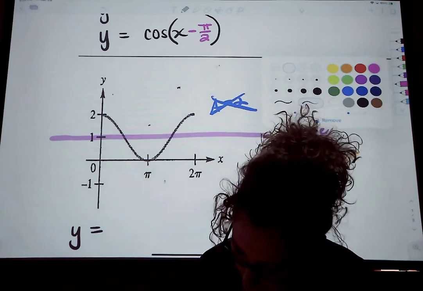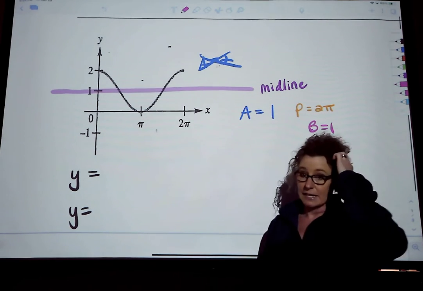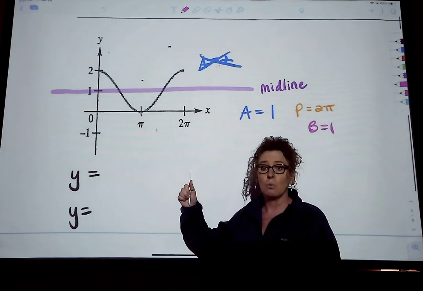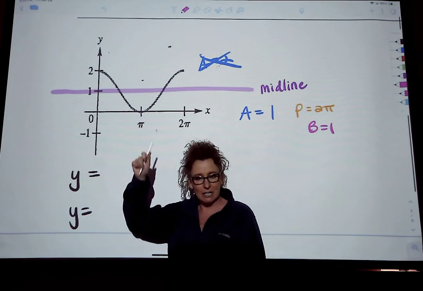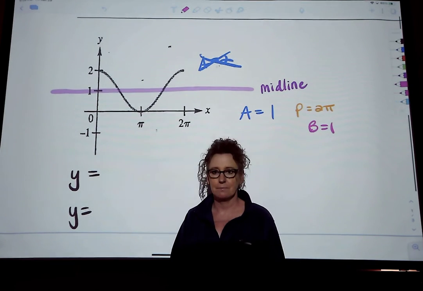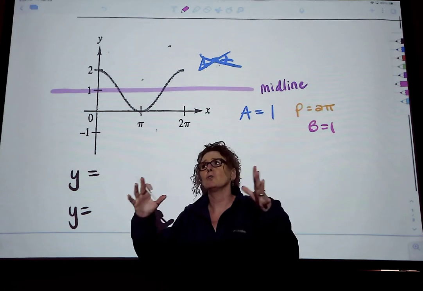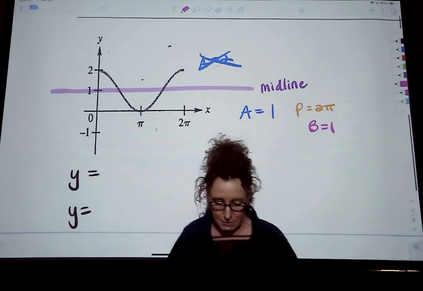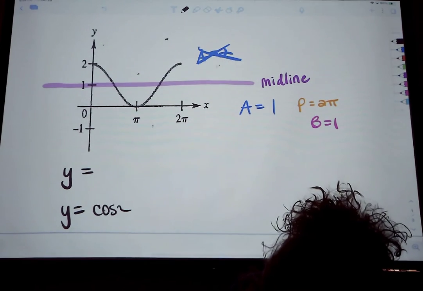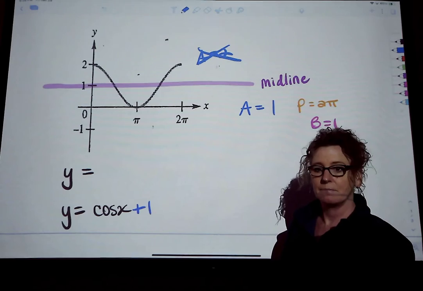So the period is 2 pi, which means B is 1. They go together. Also, some of you are going to say, oh, well, I see in a 2 pi period the frequency, B, the frequency is 1. So amplitude is 1, B is 1, everything's normal, except it's moved up 1. So for my cosine graph, y equals cosine x, but the midline has been moved up 1.